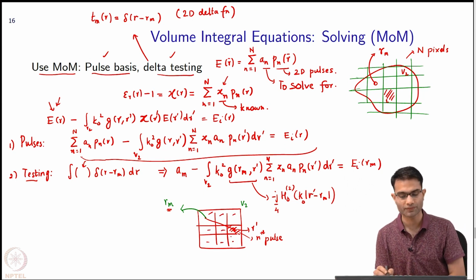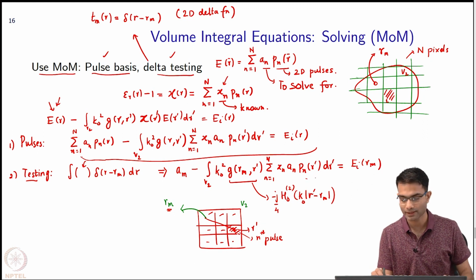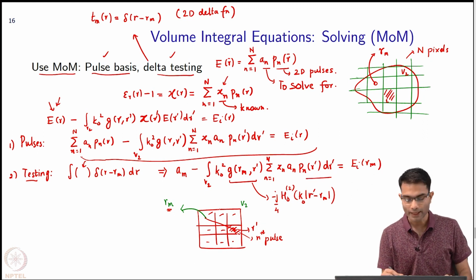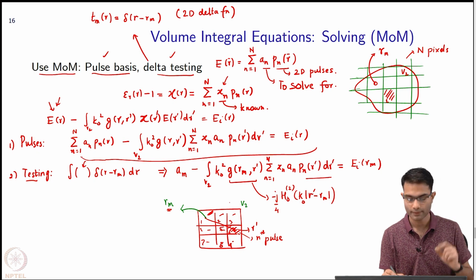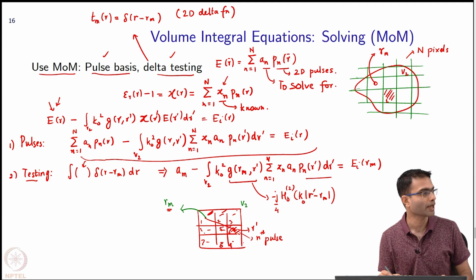That is the meaning of the left hand side, the second term over here. When I integrate over this pulse, what is the coefficient involved? Unknown coefficient involved is? So, if this is pulse 1, 2, 3, 4, 5, 6, 7, 8, 9, when I do the integral over here, which of the A's will appear? A1, right. When I come here, A2, A3, A4 all the way up to A9.